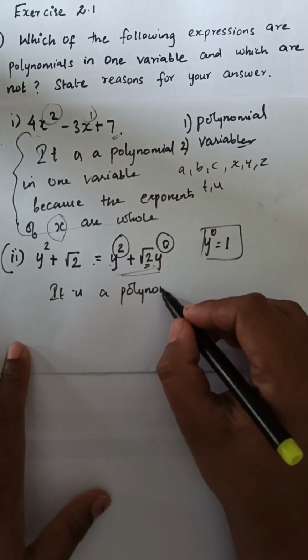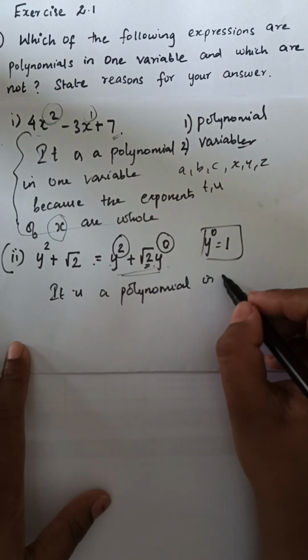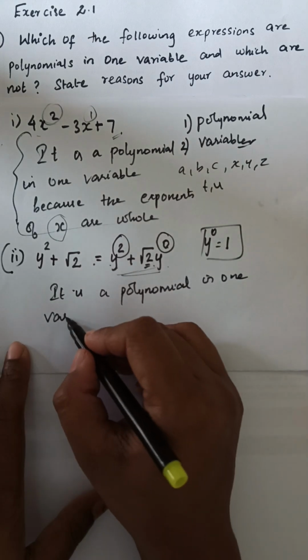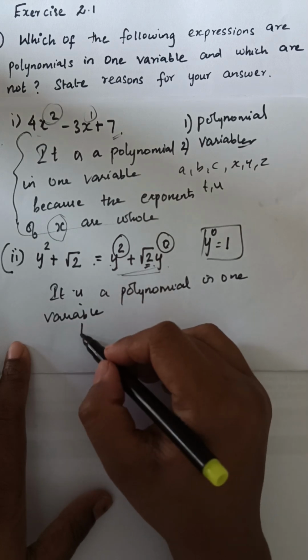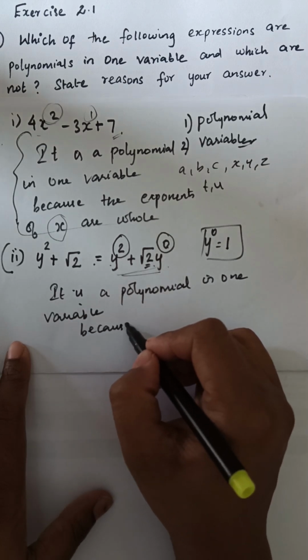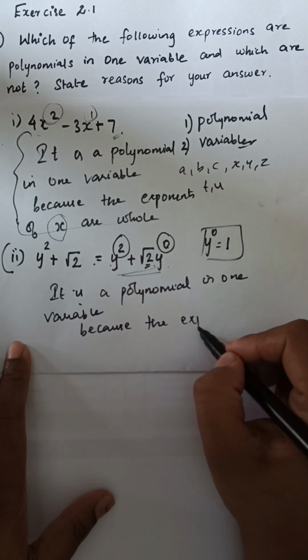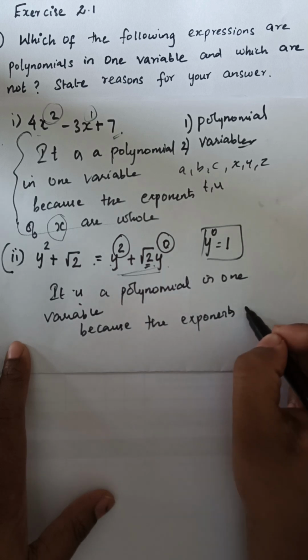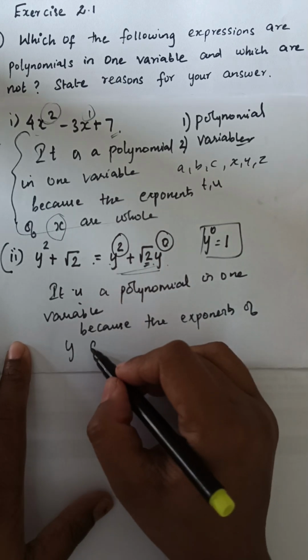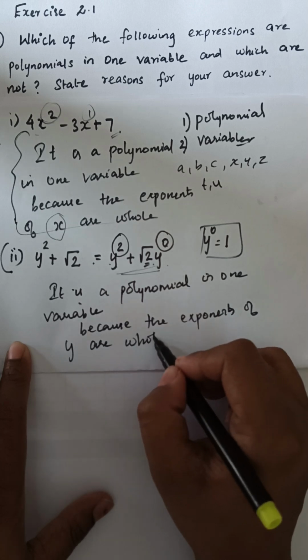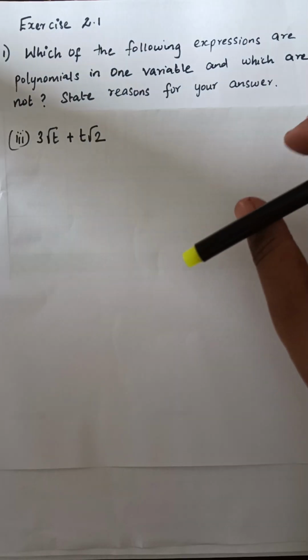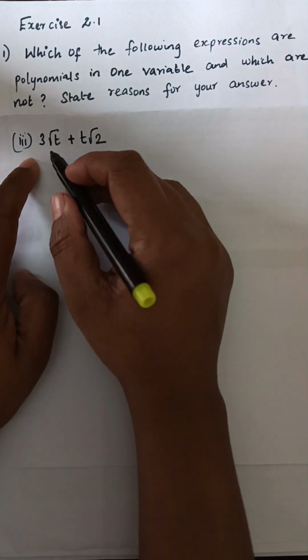That's it. So it is a polynomial in one variable because the exponents of y are whole numbers.